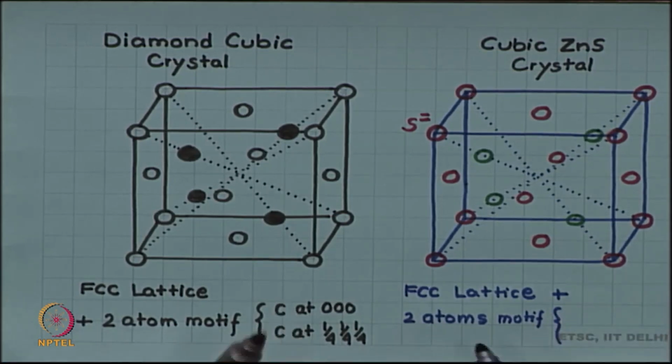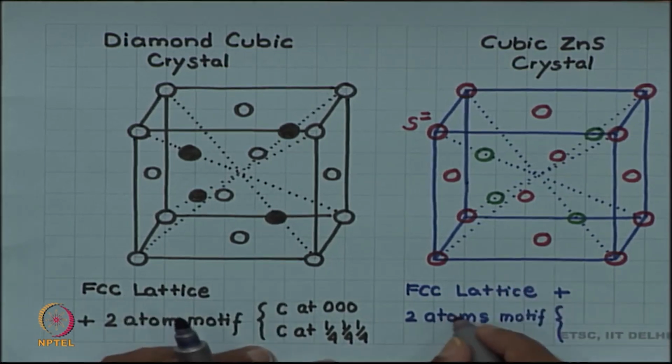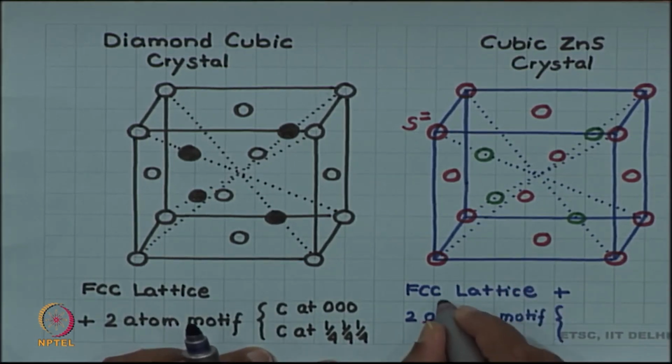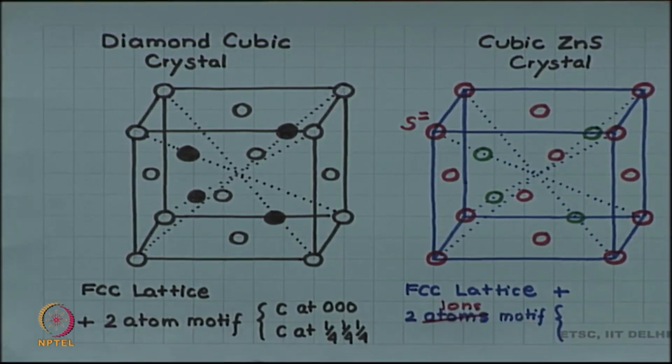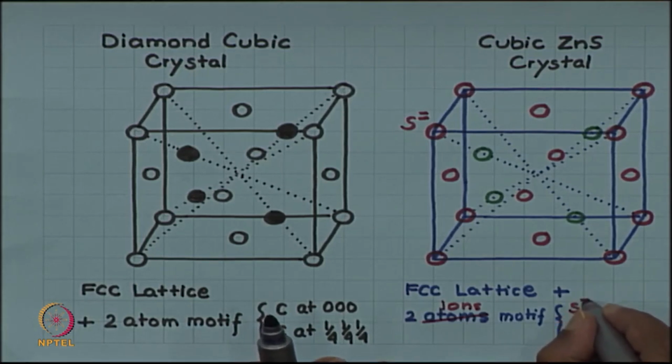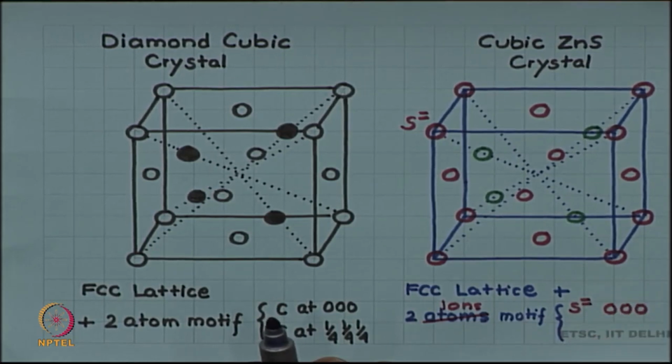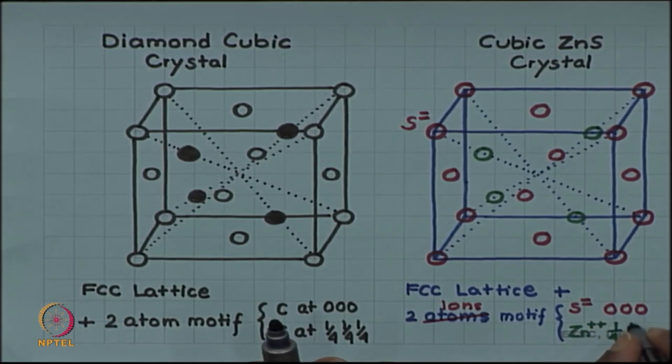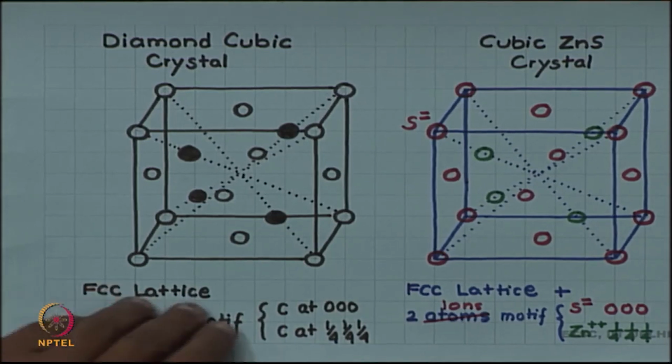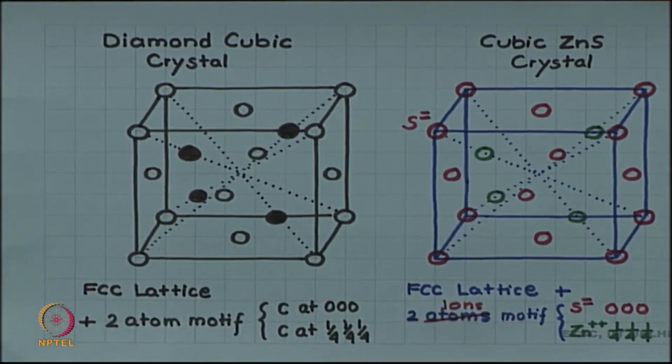I am writing atom, but if you wish you can write it as ion. So, the sulphide ion is sitting at the lattice point, whereas the zinc ions are located at the quarter site, 1/4, 1/4, 1/4. So, this is the cubic zinc sulphide crystal.